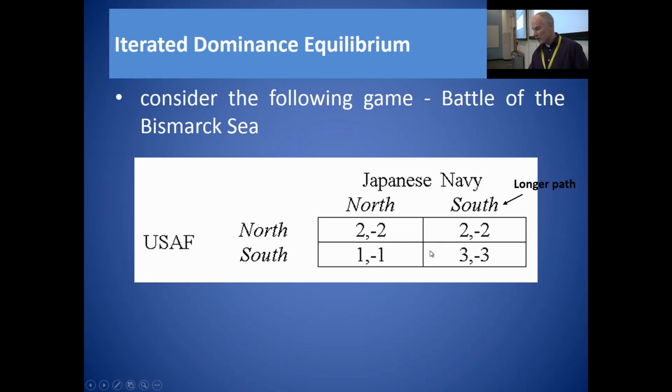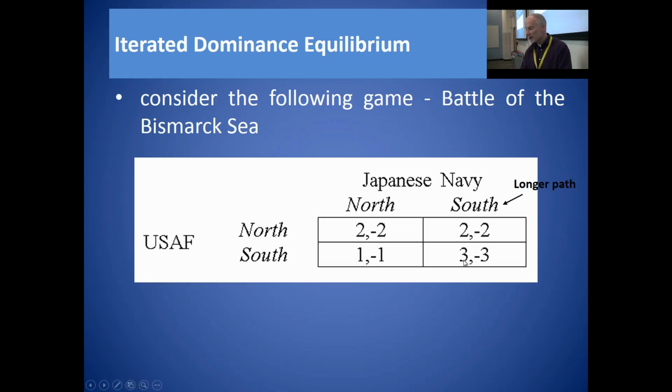So, for example, this outcome of 3 for the US Air Force there, well, if the US Air Force is getting a payoff of 3, that can only come at the direct expense of the Japanese Navy. So if the US Air Force get +3, the Japanese Navy get -3. And all of the other outcomes have a comparable interpretation.